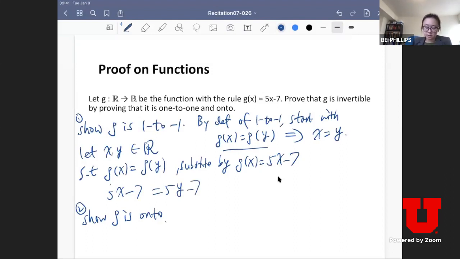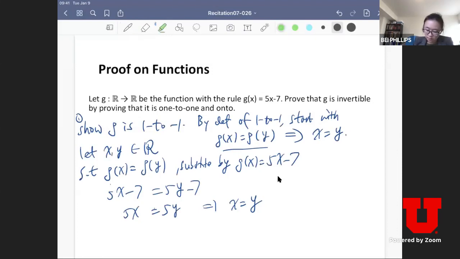Now I add 7 onto both sides. I have 5x equal to 5y, which means x is equal to y. So I start by assuming g of x is equal to g of y, and I showed x equal to y. So I just proved that my function is one-to-one.